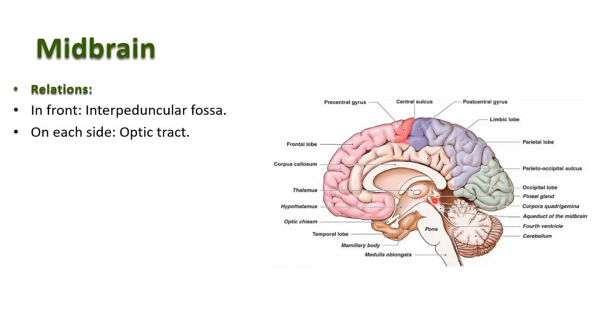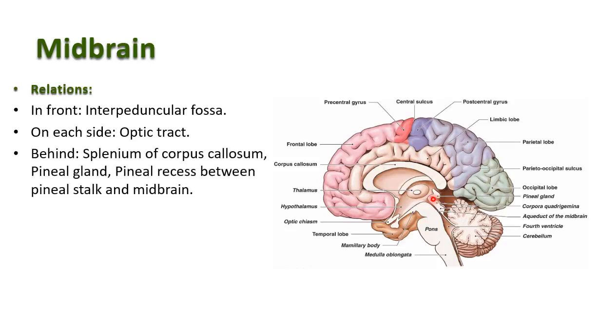Between the pineal gland and the midbrain, that small space is called the pineal recess. So this is the splenium, pineal gland, and pineal recess, and that is the pineal stalk. Between the pineal stalk and the midbrain is the pineal recess. So those are the posterior relations.